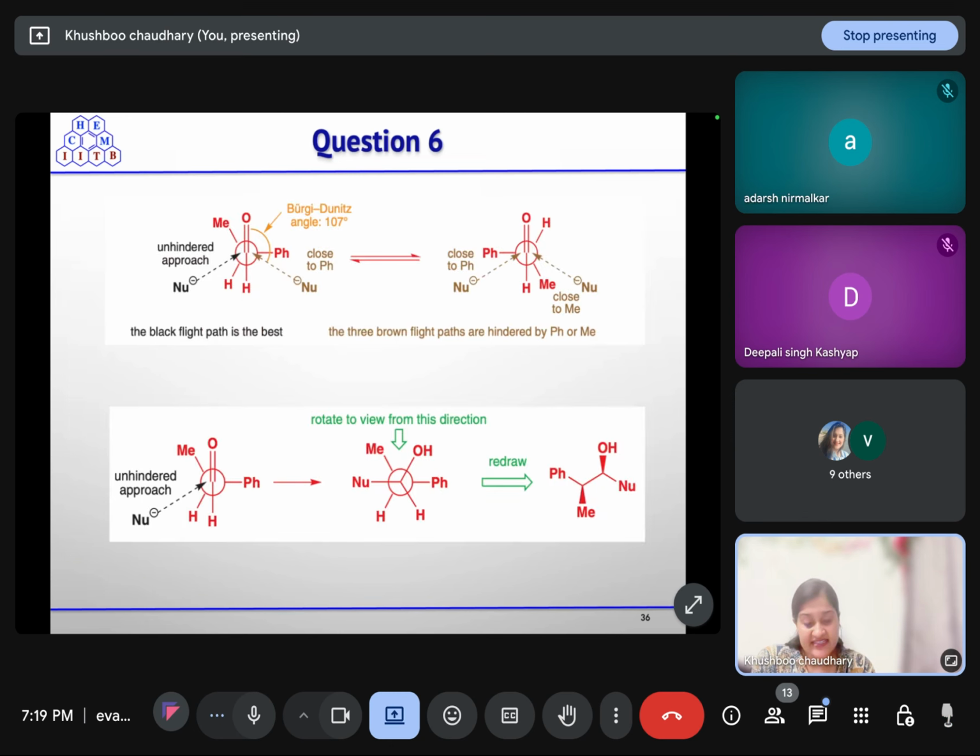See, this is the same as this. Your phenyl will be perpendicular, methyl is close to the oxygen, and hydride is on this side, right? So when your nucleophile approaches and OH forms, both methyl and OH will come on the same side. Now they are showing phenyl on the left and nucleophile on the right.